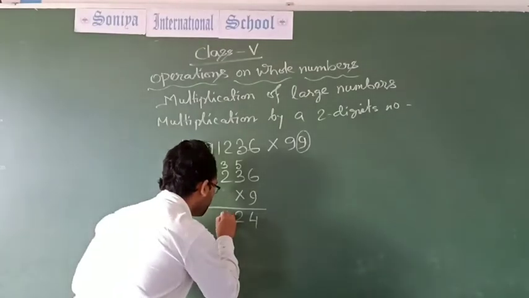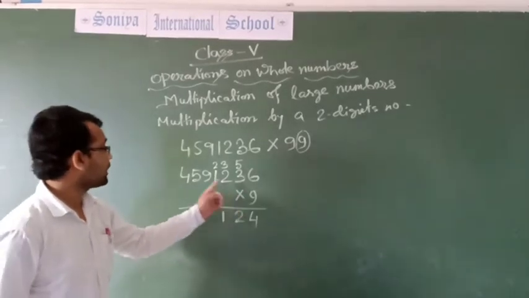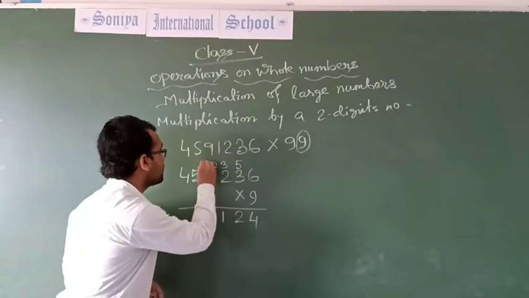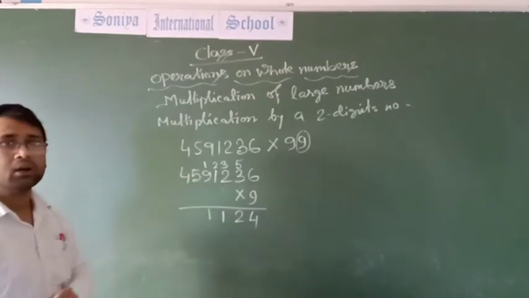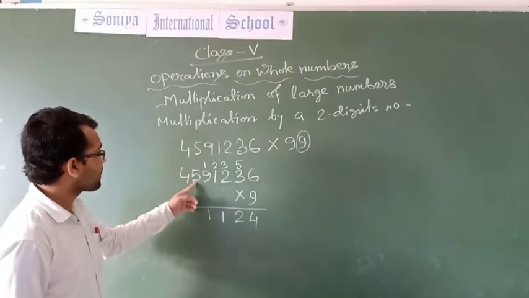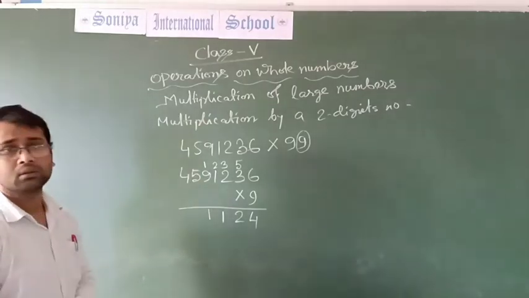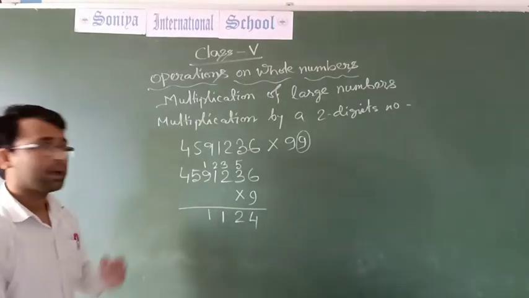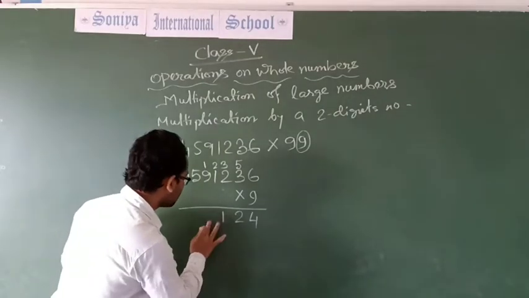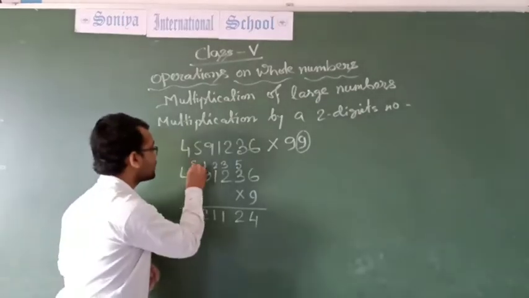Write 1 and carry forward 2. 9 times 1 is 9, and 2 is 11. Write 1, carry forward 1. 9 times 9 is 81, and 1 is 82. So write 2 and carry forward 8.